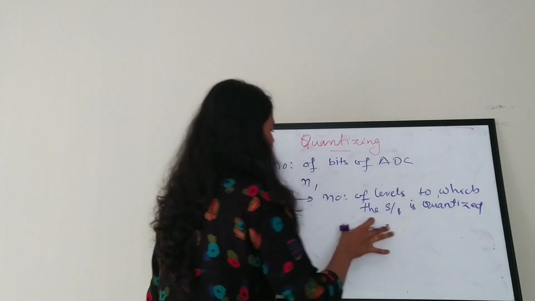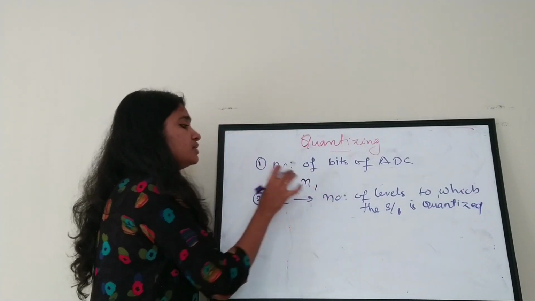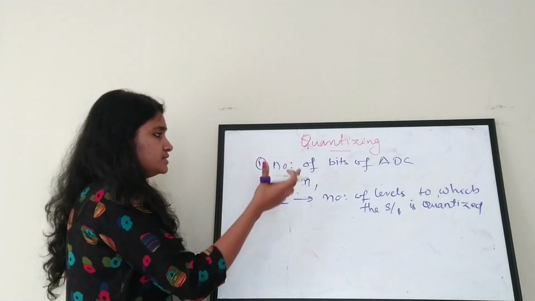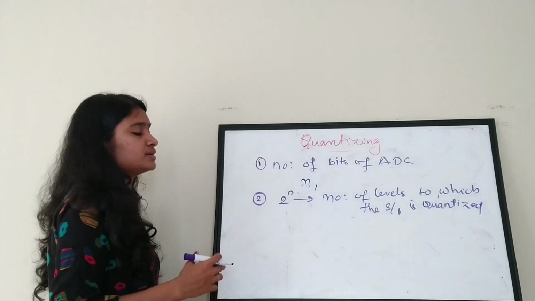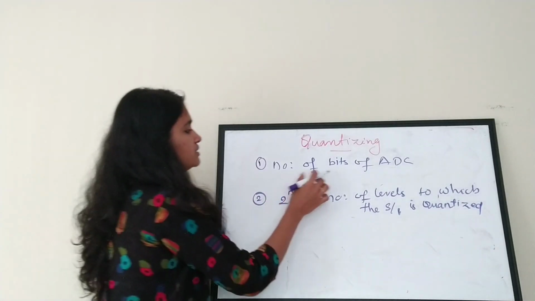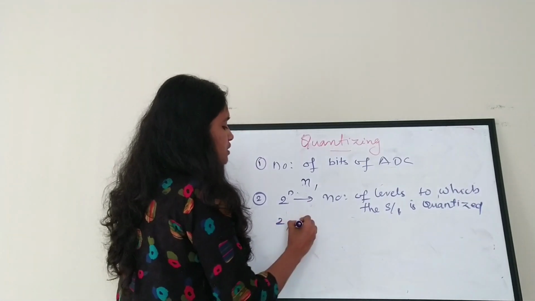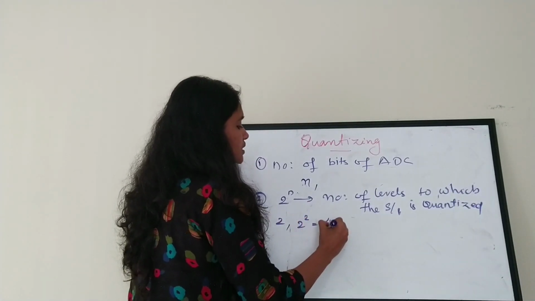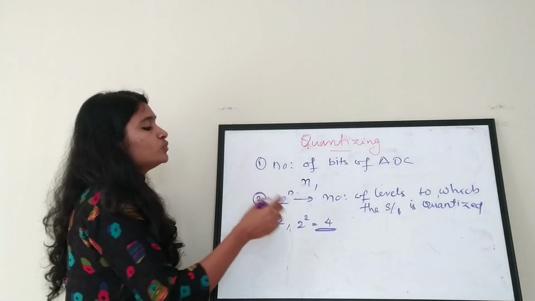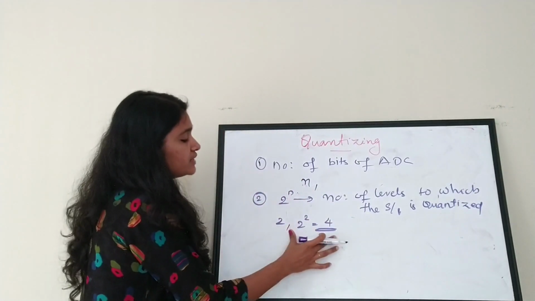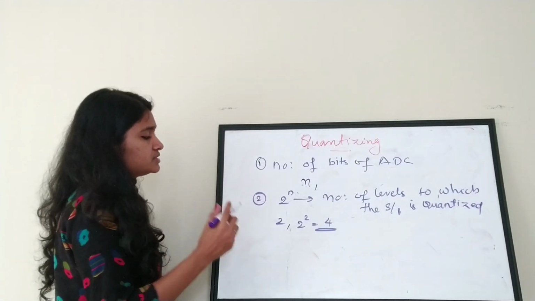So this thing you should understand. If n is the number of bits of an ADC, then 2 raised to n is the number of quantizing levels. So if n is equal to 2, then 2 raised to 2 is 4. That is, you are going to quantize your signal to 4 levels. So that is quantization levels.